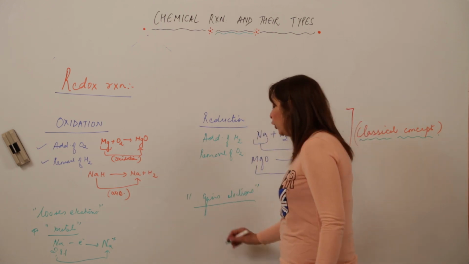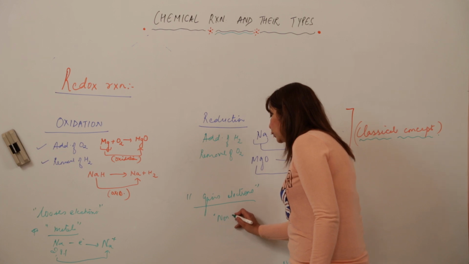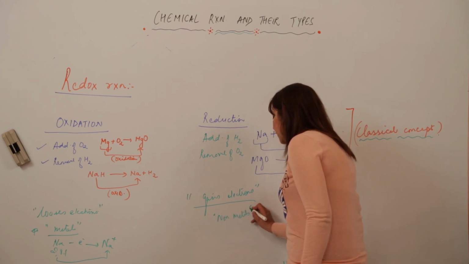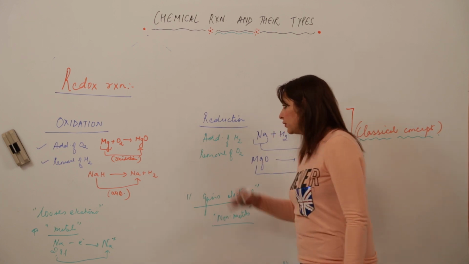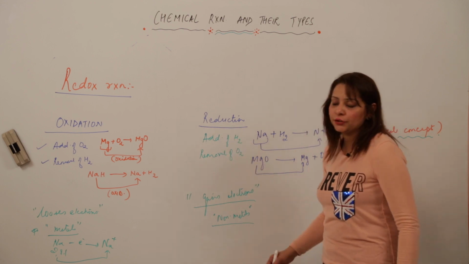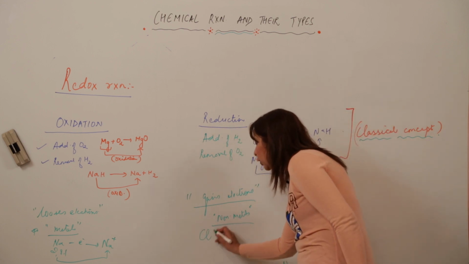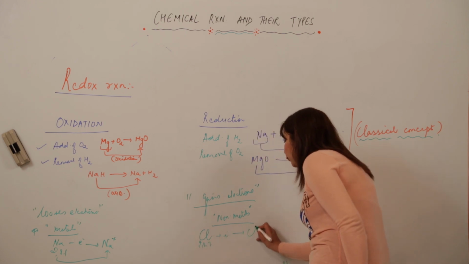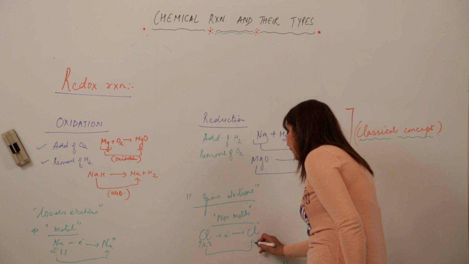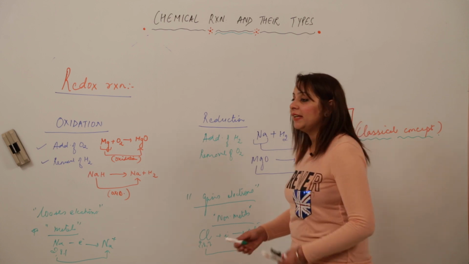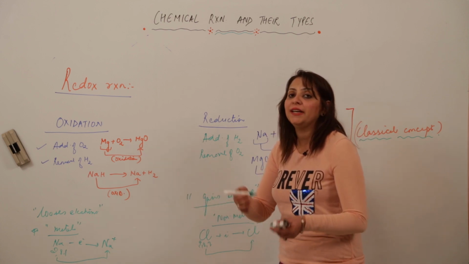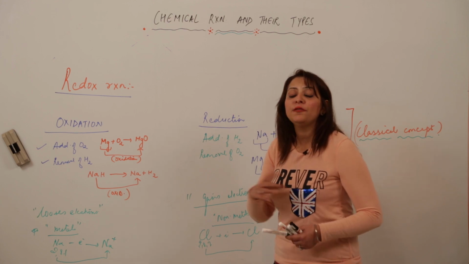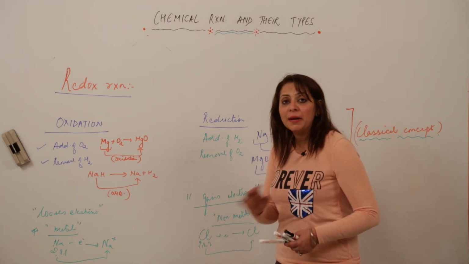And which elements fall in this category? Non-metals are electron acceptors, so non-metals show reduction. For example, we have chlorine. Chlorine has 2,8,7, it will gain one electron to form Cl negative. So it has just gained an electron. Whether they lose one or two electrons or gain one or two electrons, the number of electrons doesn't matter at all.